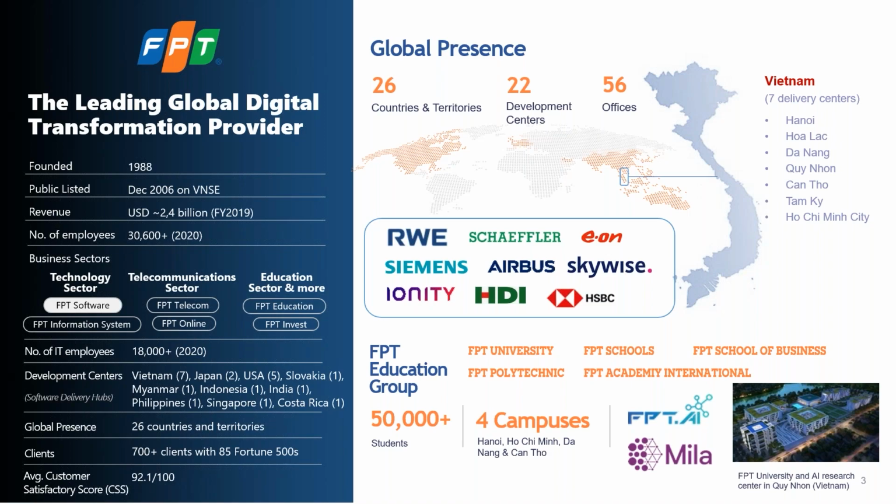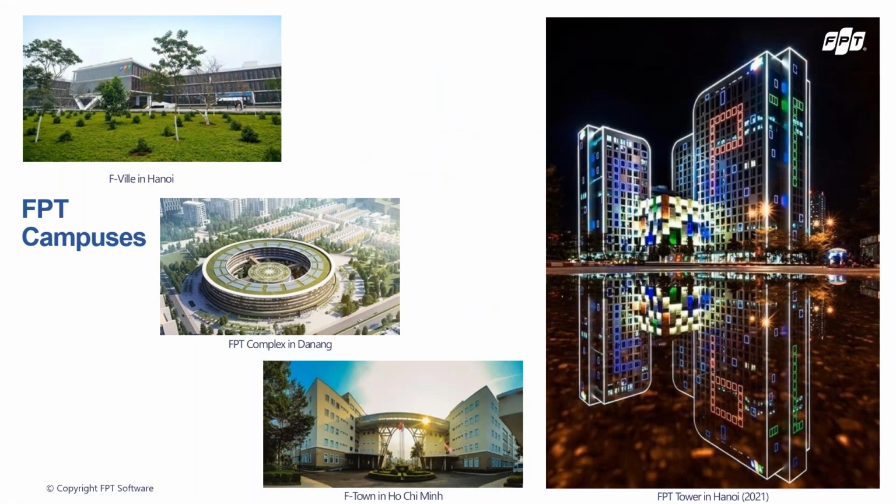And this really allows us to have resources being trained directly by us and then being incorporated in our projects. As you can see, we also take great pride in having our campuses being very nice and beautiful. The last one being our FPT Tower in Hanoi that just opened this year.